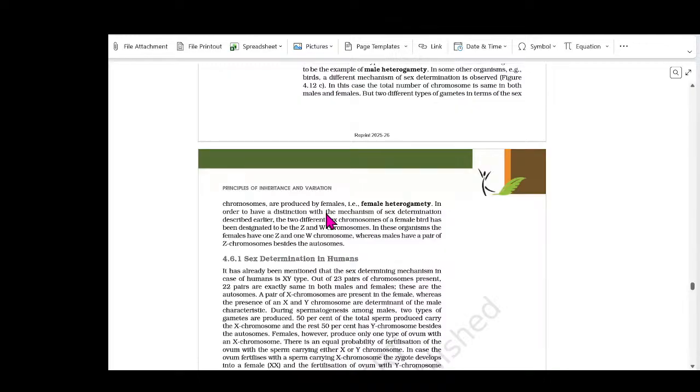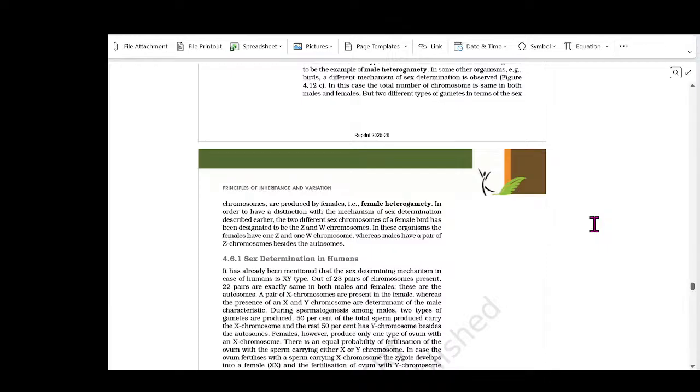In order to have a distinction with the mechanism of sex determination described earlier, the two different sex chromosomes of a female bird have been designated to be the Z and W chromosomes. In these organisms, the females have one Z and one W chromosome, whereas males have a pair of Z chromosomes beside the autosomes.